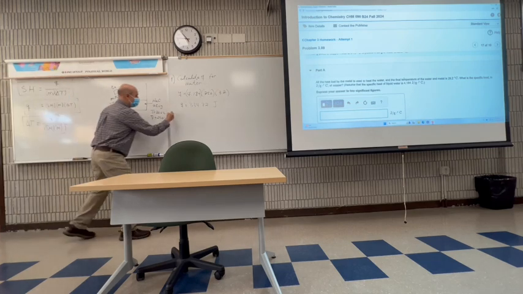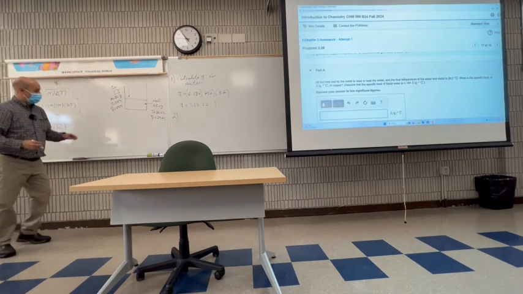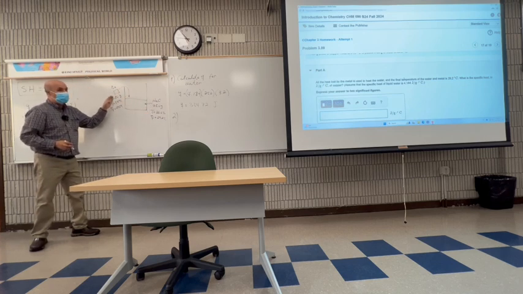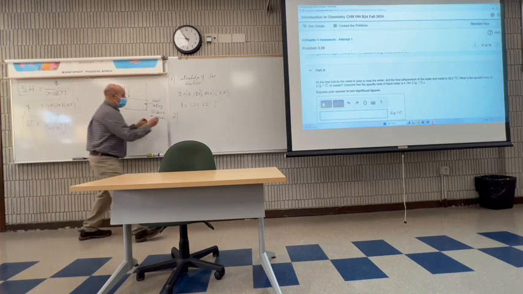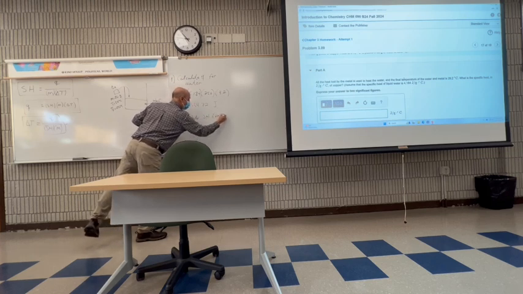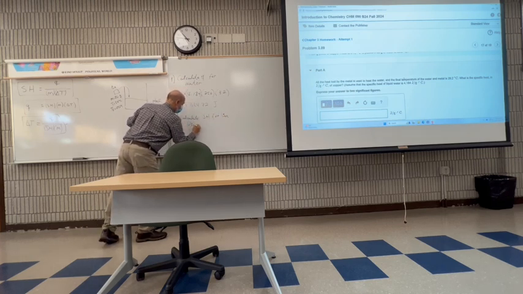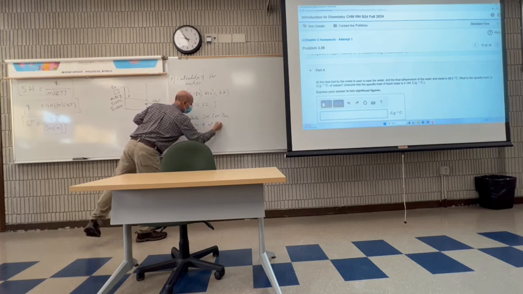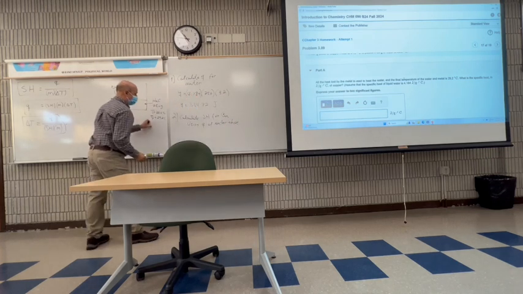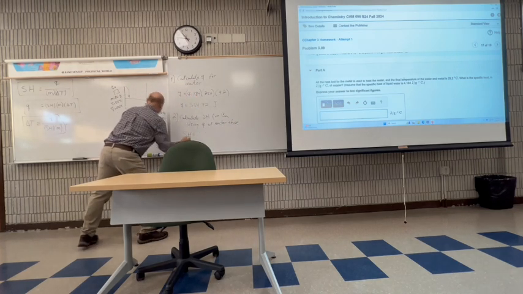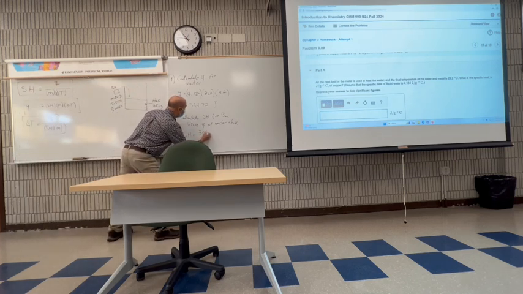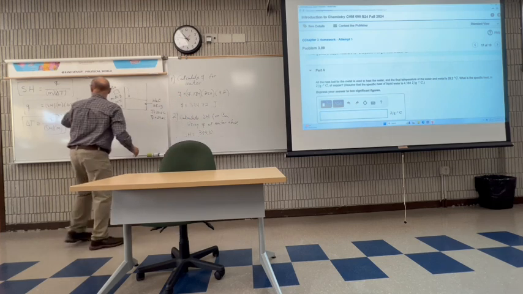Now, step two. Now that we have Q for the water gain, we're going to assume that that's the same Q that this guy is going to lose. So calculate SH for copper using Q of water above. So SH equals Q, this is what we're using, 334.72 divided by mass.